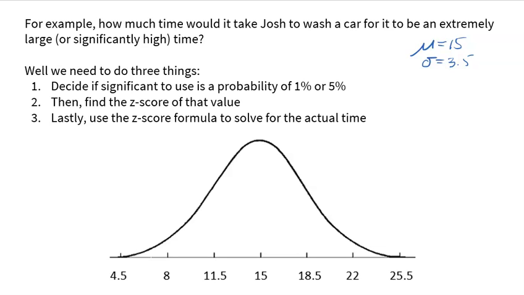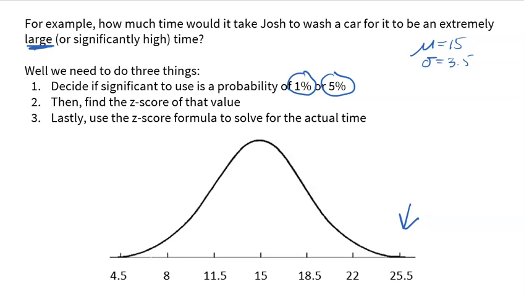But what I actually want to find is, where does the extreme start? To answer this, I need to do three things. First, I have to decide if I want significant to be the top 1% or the top 5%. Why am I saying top? Because it said extremely large, so an extremely large time would be somewhere up here at the top.